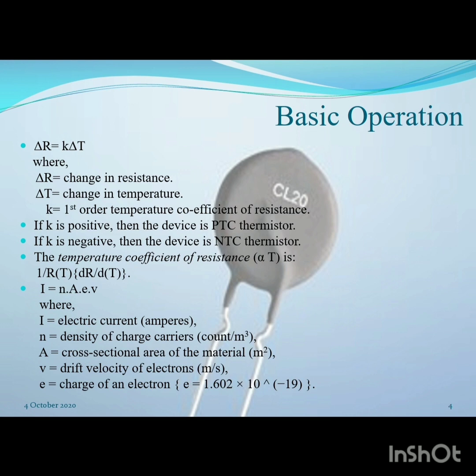Whenever there is a change in temperature, there is a change in resistance, because delta R is directly proportional to delta T. So we can take a formula, that is I equals N into A into V into E, where I is the electric current flowing through that conductor, N is the density of the charge carriers, A is the cross-sectional area of the material, V is the drift velocity of the electrons, and E is the charge of an electron.